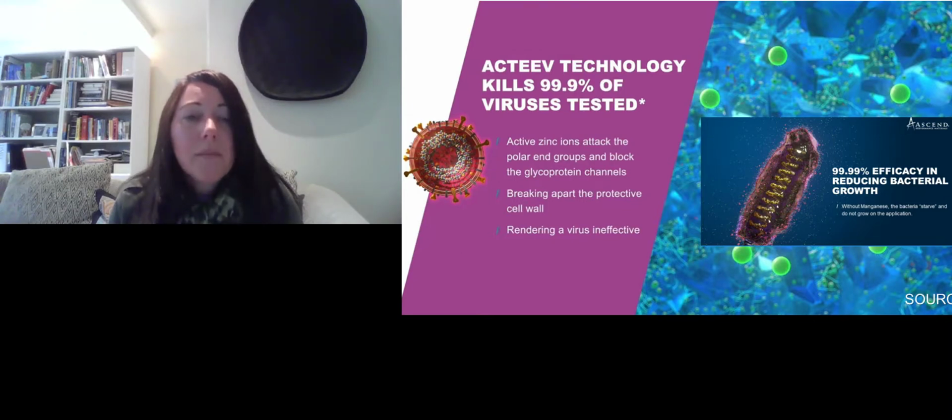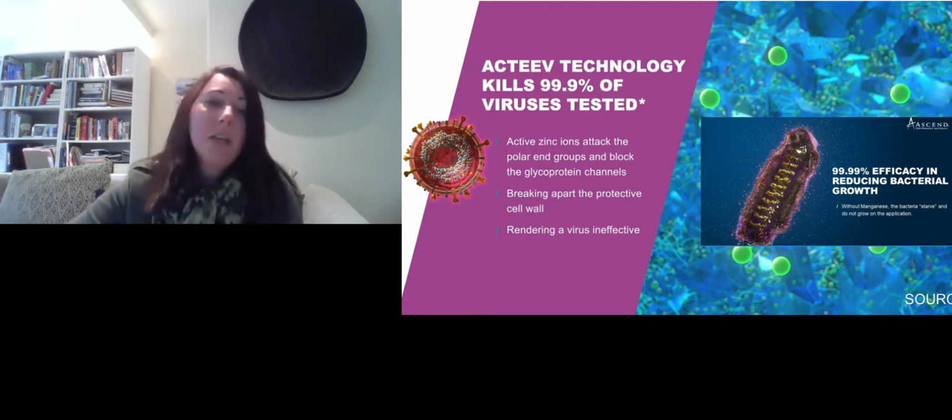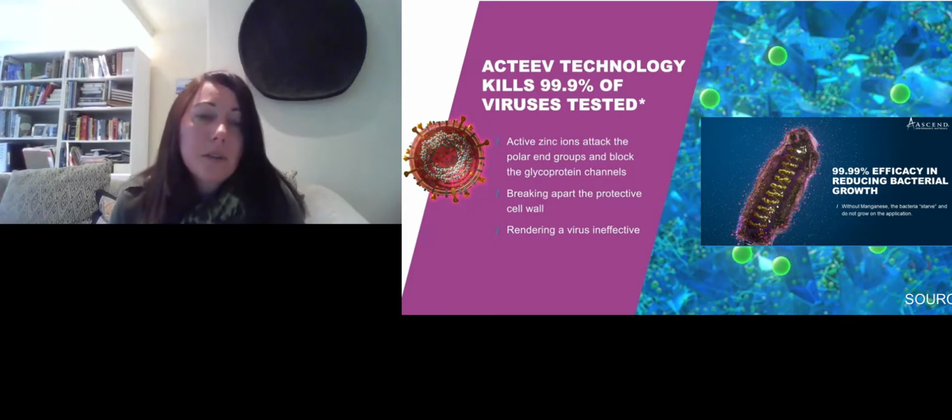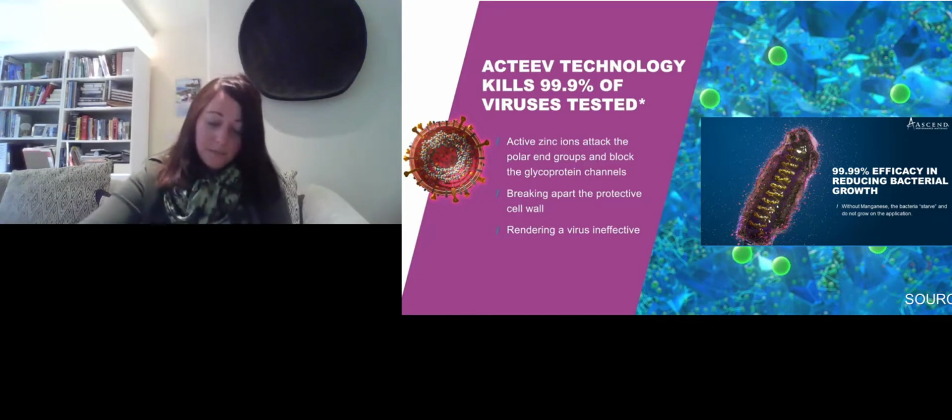When I'm looking at the best balance of environmental versus performance, I think zinc has great properties. I mentioned that zinc can naturally provide UPF and antimicrobial properties. It's proven to have 99.9% efficacy in reducing bacterial growth.